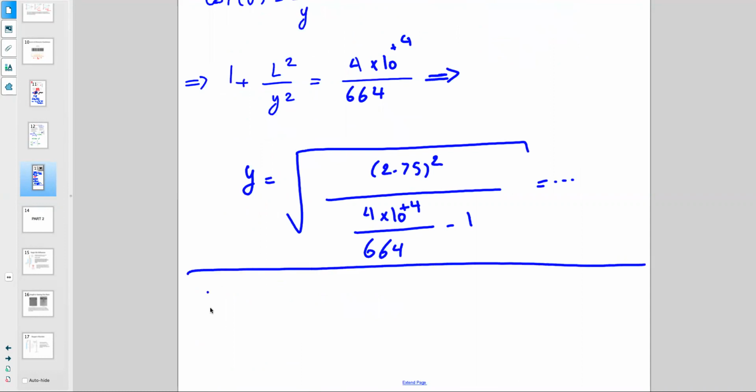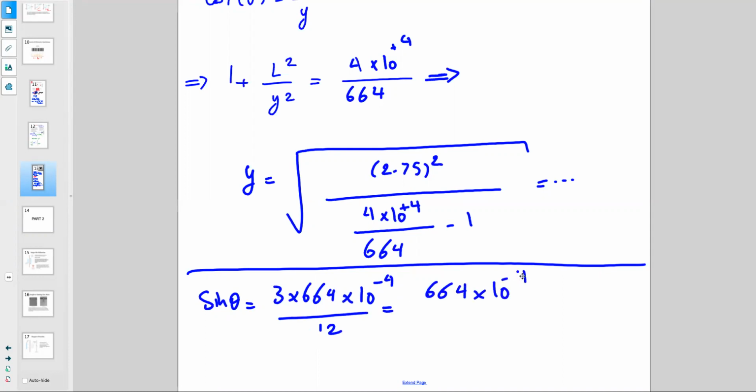I can write it down again: sine theta is 3 times 664 times 10 to the negative 4 over 12, which is 664 times 10 to the negative 4 over 4. This 3 and 12 will cancel out.